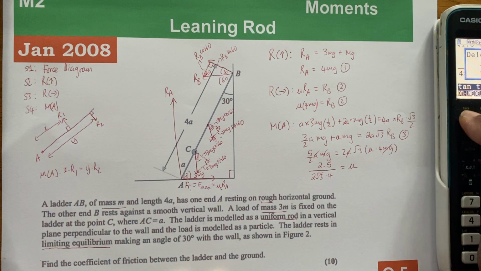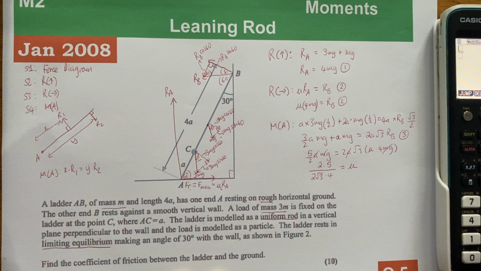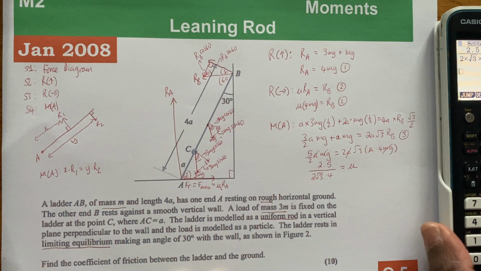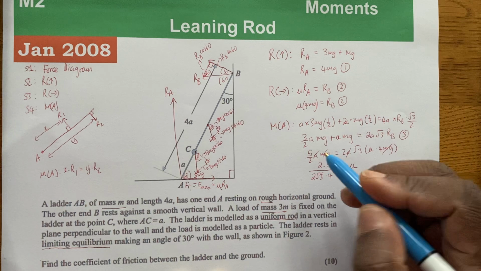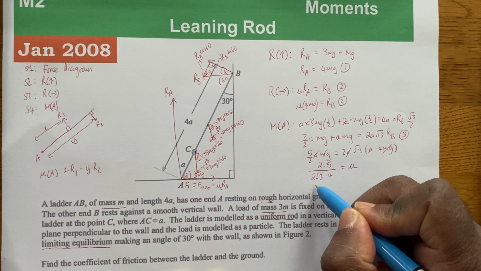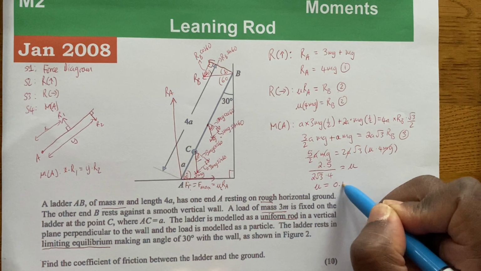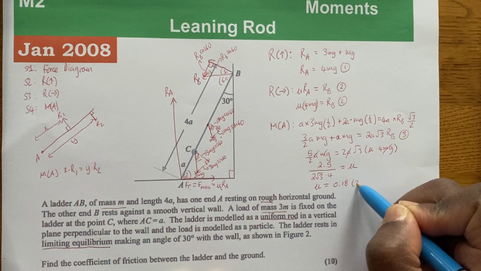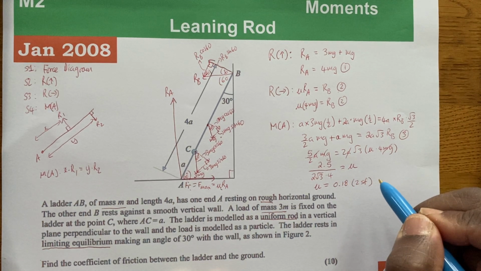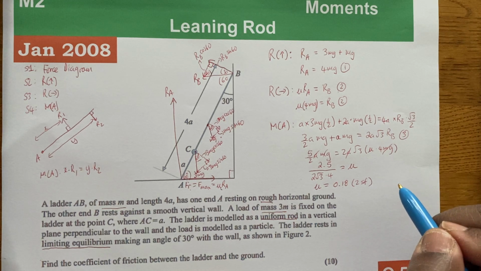So we have 2.5 over 2 times root 3 and then times by 4. And because the calculation involves g, we want to round to 2 or 3 significant figures. So mu will equal 0.18, 2 significant figures. And that completes the presentation.